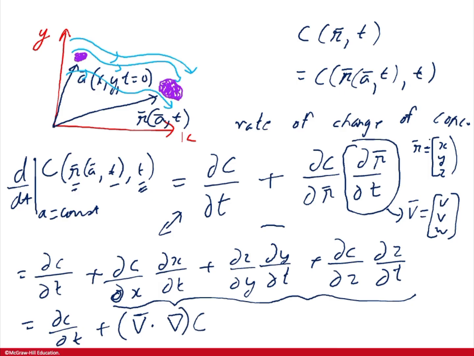This gradient operator means nothing but the derivatives in x, y, and z. Okay, there's a further shorthand for this whole relationship called capital D over Dt, where the operator is acting on the concentration, right? So this expression is called the material derivative.